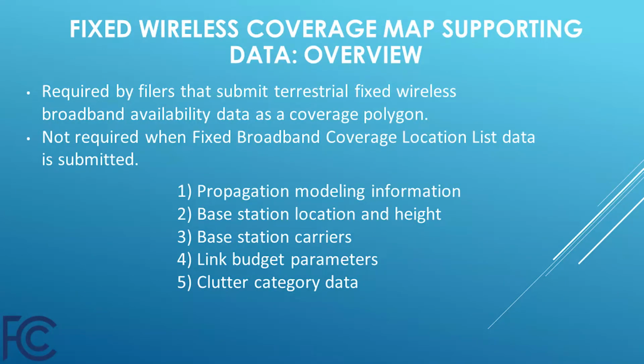Terrestrial fixed wireless broadband service providers that submit availability data in a coverage polygon, or governmental or third-party entities that submit such data about a terrestrial fixed wireless provider's service availability, are required to submit supporting information about how they generated their availability data, including propagation model details, base station location and height assumptions, base station carrier details, link budget parameters, and clutter category data.